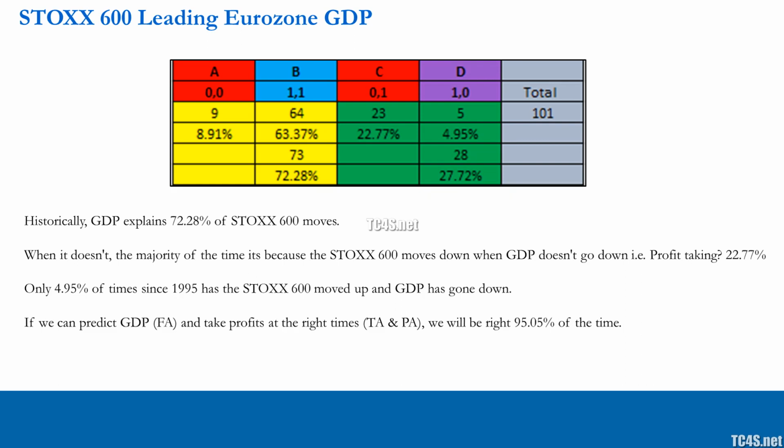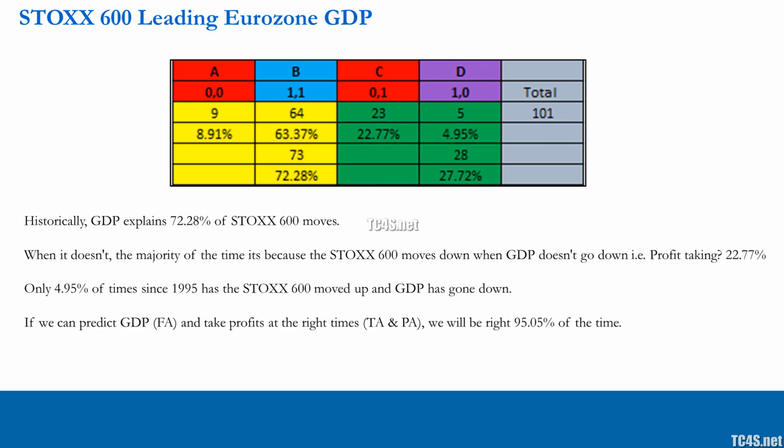So you can see the numbers are very, very similar to the S&P 500 and US GDP. In the minority of cases, so only 4.95% of times, and we're looking at a data set here that goes back to 1995, only 4.95% of times has the Stoxx 600 moved up and GDP gone down. So what does that mean? Well, it's a similar outcome as to when we're looking at S&P 500 and US GDP.